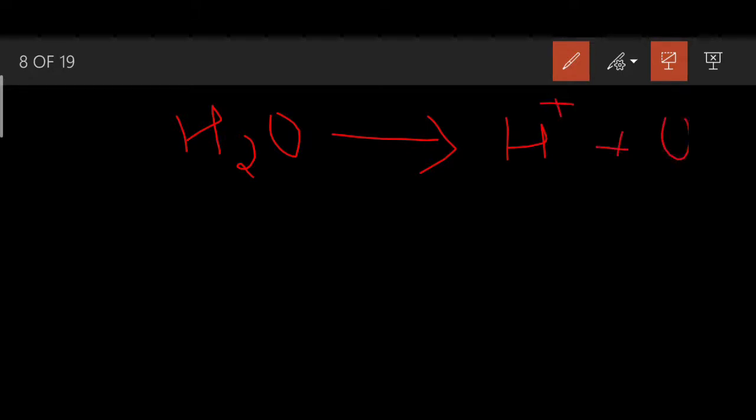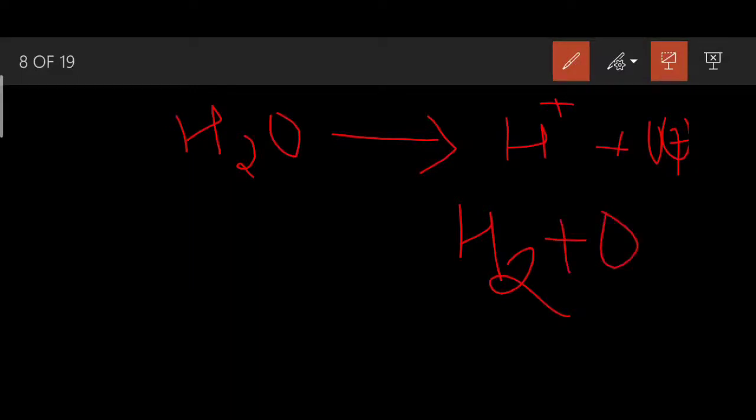That H2O, what did we give it? Electricity, a shock we gave it. So it formed H plus ions and OH negative ions. So what did it form? H2 gas and O2 gas.